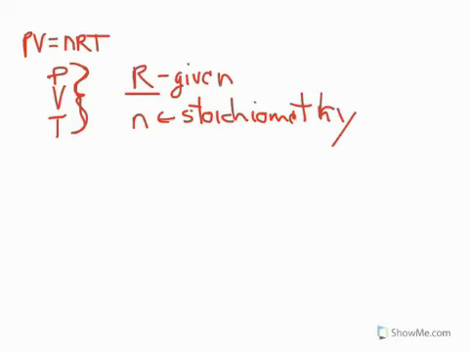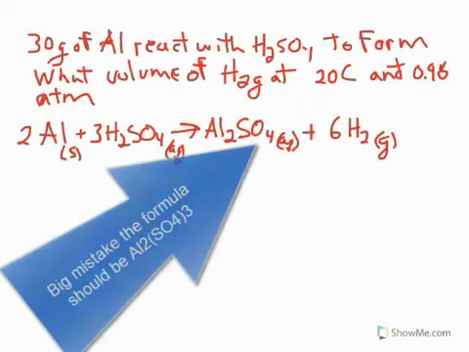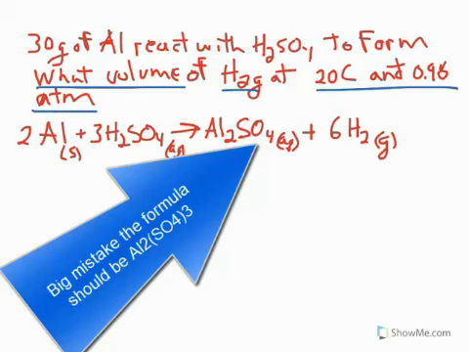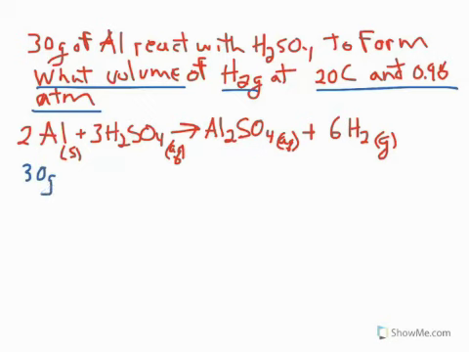So I'm going to write out a problem here, and then we'll write the equation, reaction, and do the problem. Okay, so here's my problem as stated. 30 grams of aluminum react with H2SO4 to form what volume of H2 gas at 20 degrees at 0.98 atmosphere. So I write down what I know, 30 grams of aluminum.